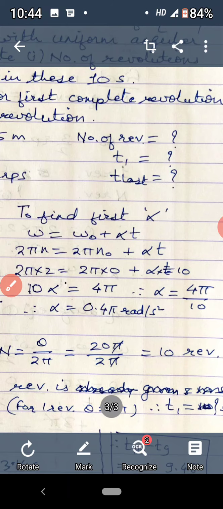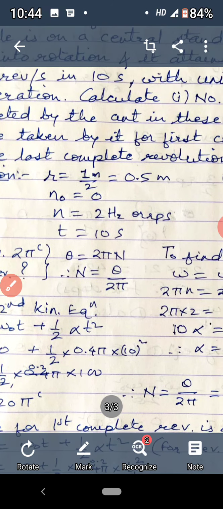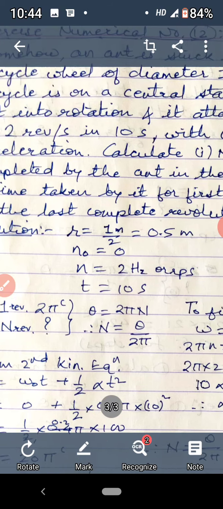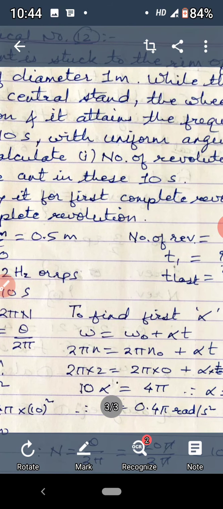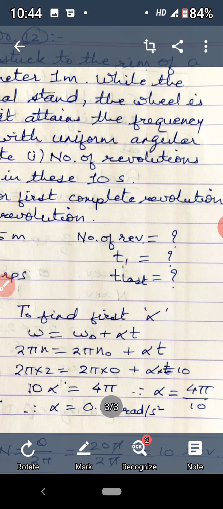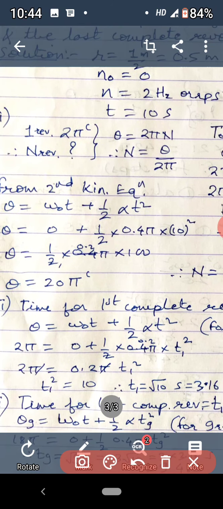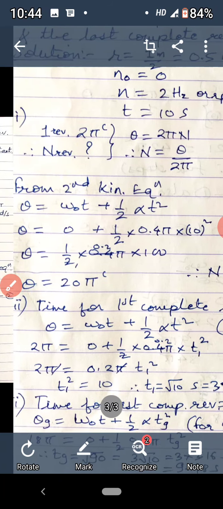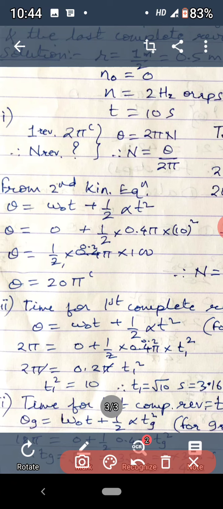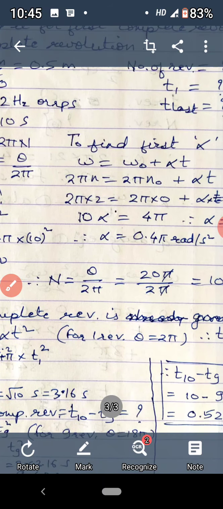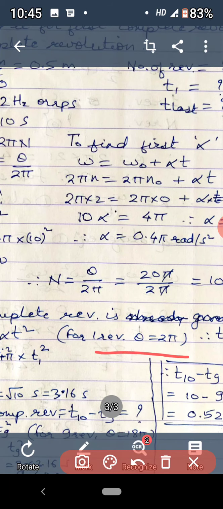Now what is the second question? The time taken by it for the first complete revolution. Let us find the time. How is it to be measured? By using the kinematical equation theta is equal to omega 0 t plus half alpha t square. How much is the value of theta? For one revolution, theta is 2 pi.